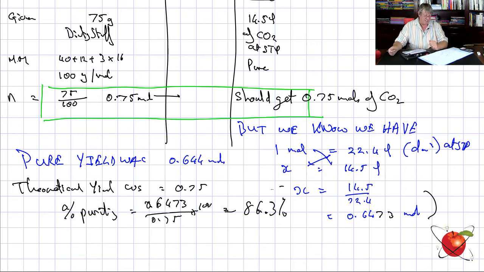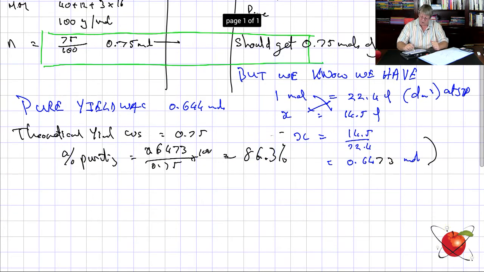Okay? 86.3. All right? Now, please remember a couple of things about this. Just do it logically, okay? Don't try and do it in your head. Just think logically. Say to yourself, here I've got my block of stuff, right? It's got impurities in it. Therefore, when I do the chemical reaction, only the pure stuff is going to do the reaction.